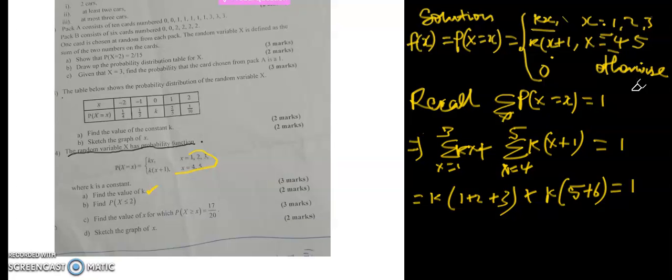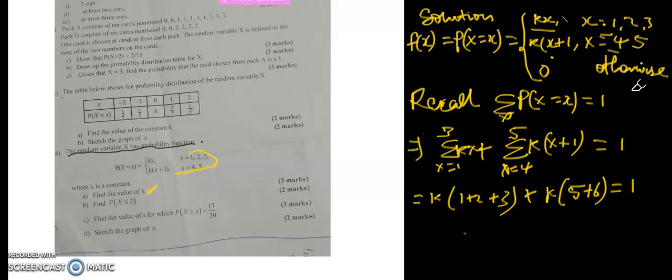And then 5 takes the form of x, so 5 plus 1 is 6. That's how we get 5 and 6. So we add this together. If you add 1 plus 2, you have 3. 3 plus 3 will give you 6. If you add this, 6 plus 6 is 12, plus 5, it is 17.